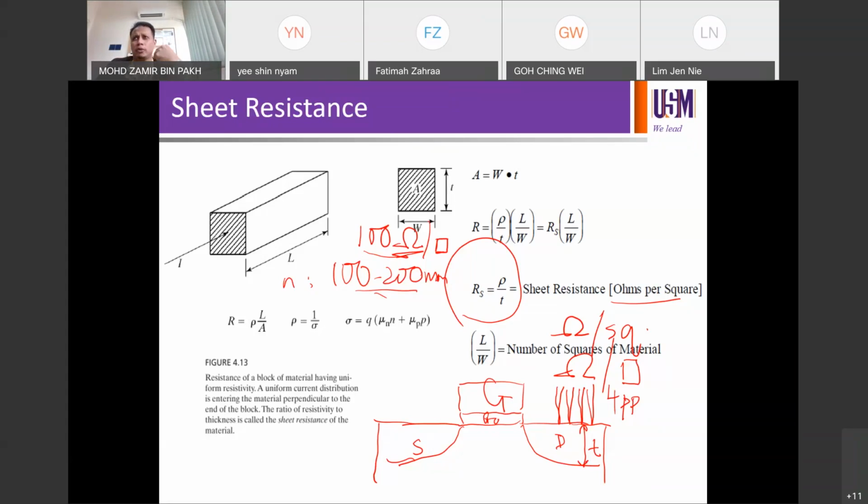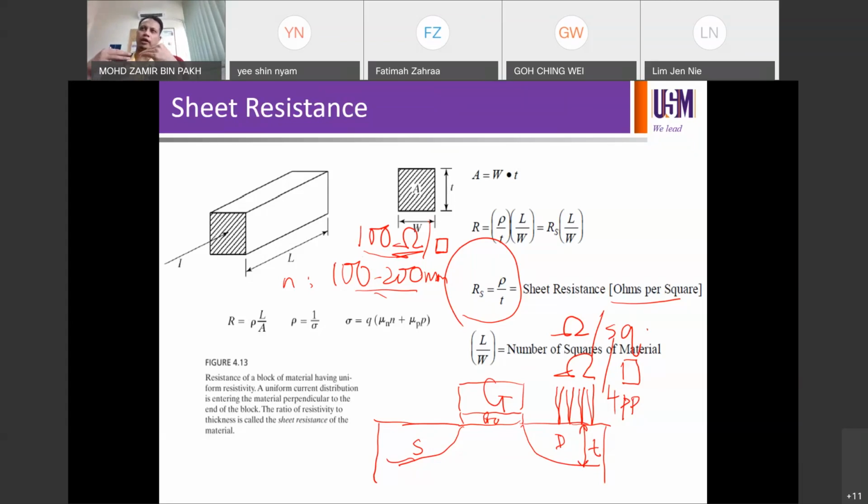It's always best to have the lowest sheet resistance in all devices, but there are different issues in different devices. If you talk about a MOSFET, maybe you want to have as low a sheet resistance as possible for your channel formation. But for a solar cell, there are other concerns. We learned in 386 last time that when you dope your layer with heavy doping, you are able to get low series resistance.